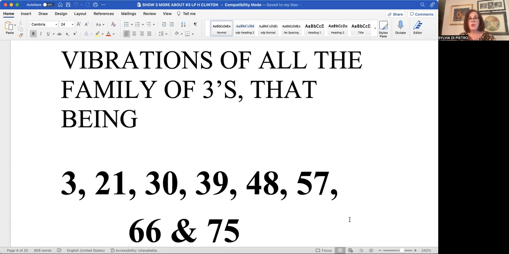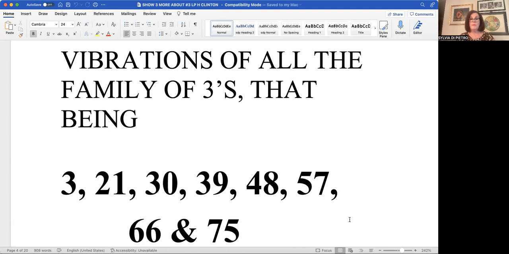Now, the rest you won't find in life path. You might find them in a life path number, but you won't find them in a birthday number. But a 30, anything with a 0 in it, is a cosmically protected higher version of a number. So a 10, the 0, is a higher vibration of the vibration 1.